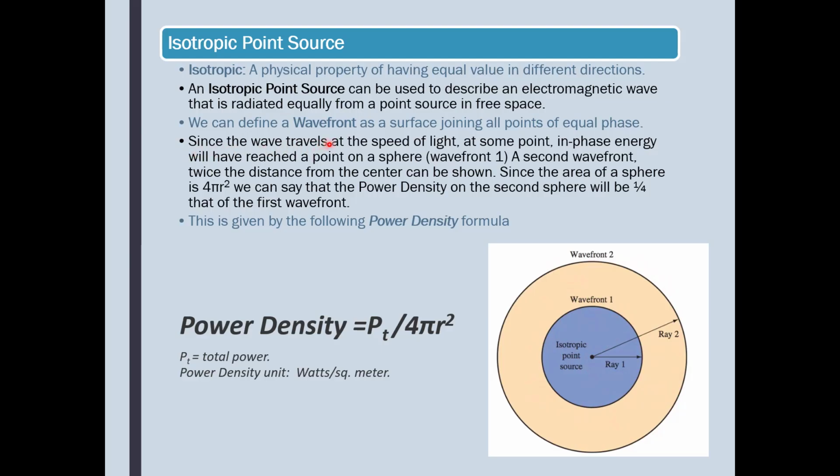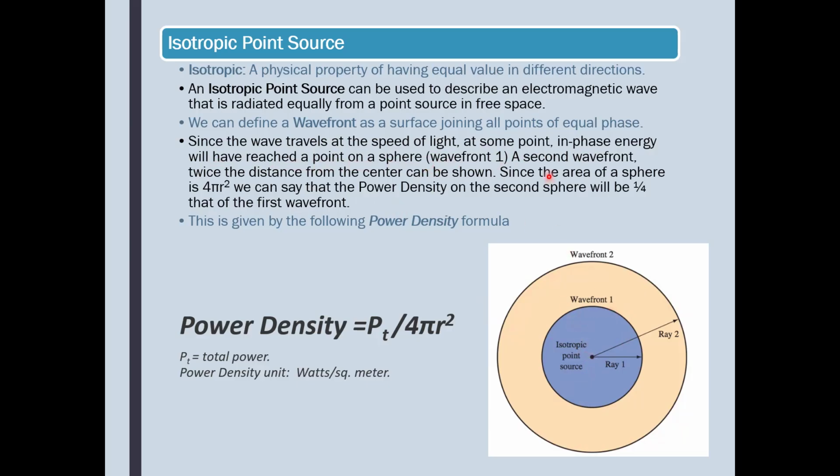Since the wave travels at the speed of light, at some point in-phase energy will have reached a point on a sphere, because this is not a 2D circle, it's a 3D sphere. Again, since the wave travels at the speed of light, in-phase energy will have reached a point on a sphere, wavefront 1.